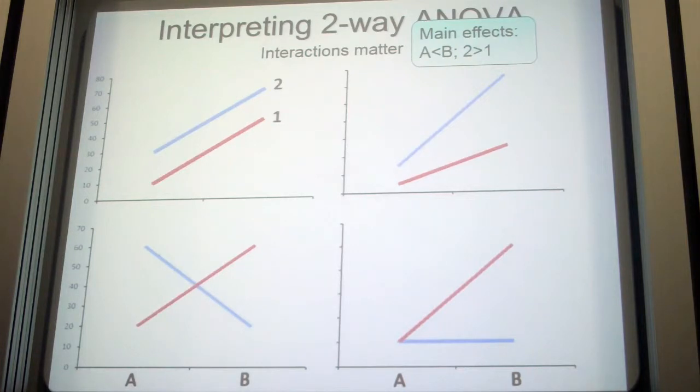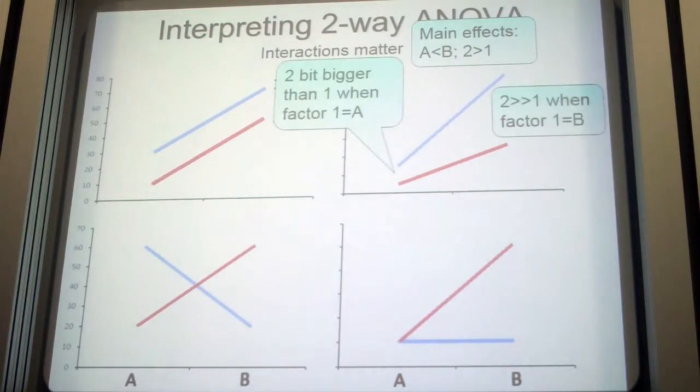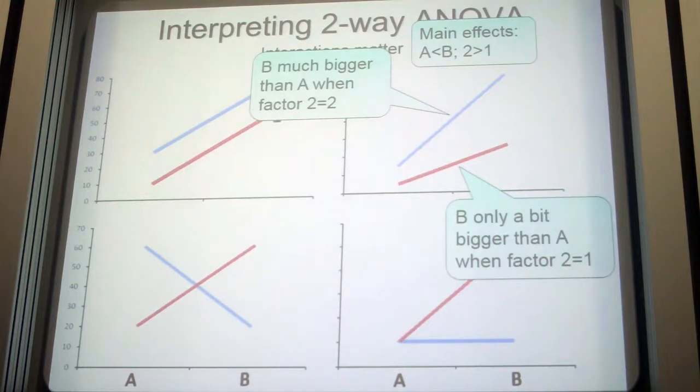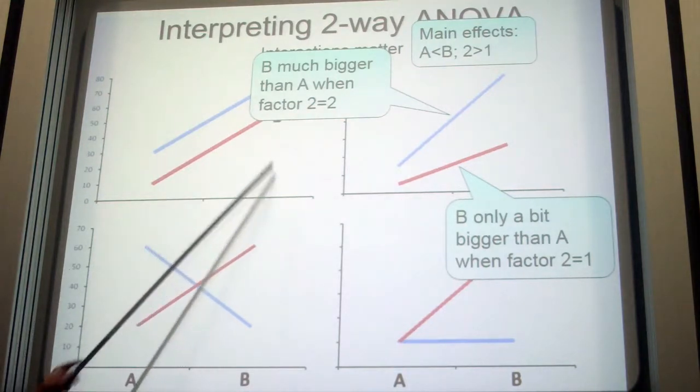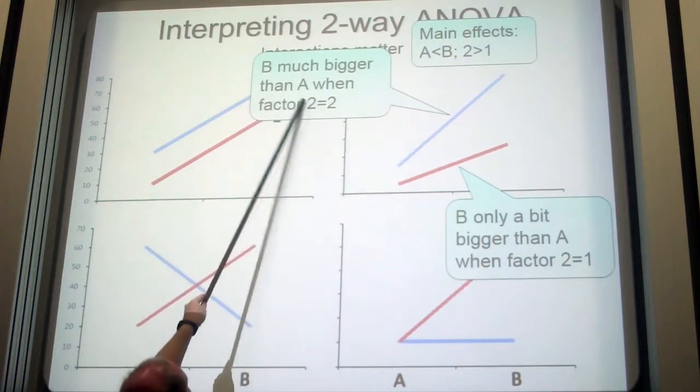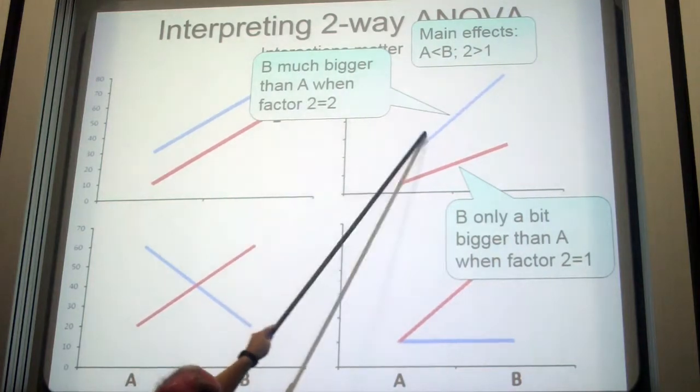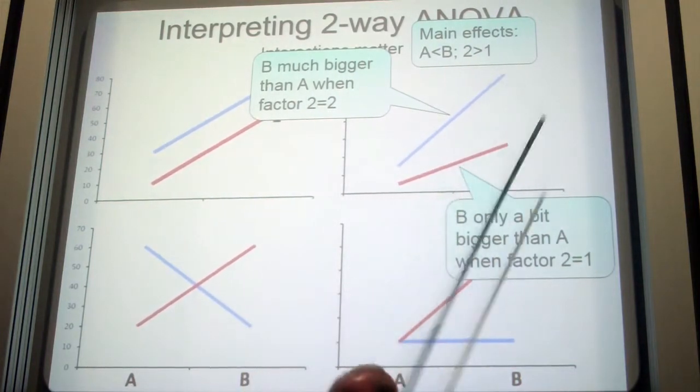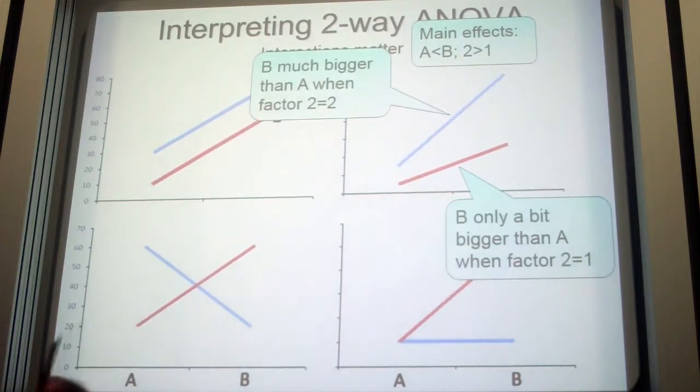If you see the interaction, plot the data. This is a quick way of getting a feel for where the source of the interaction is going to be. Okay, so this difference, B, is much bigger than A when factor 2 equals 2. This one goes up. You can play these interactions either way.